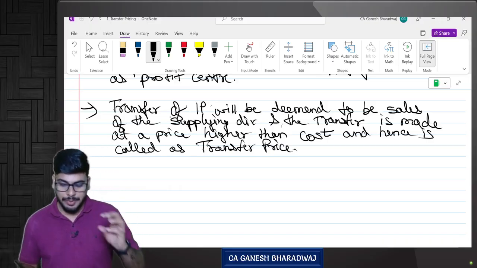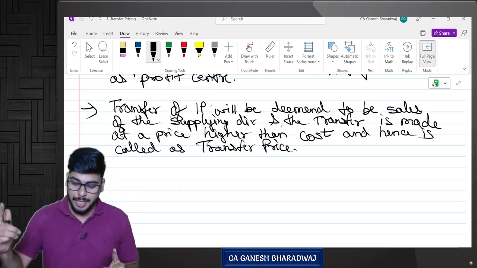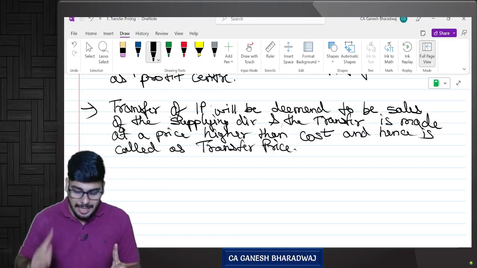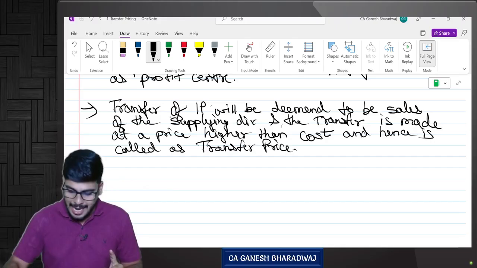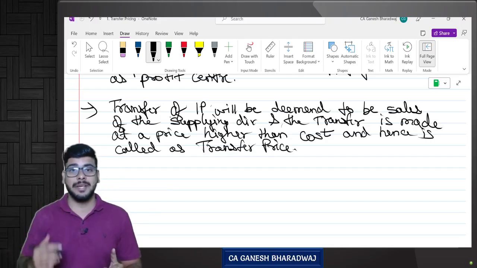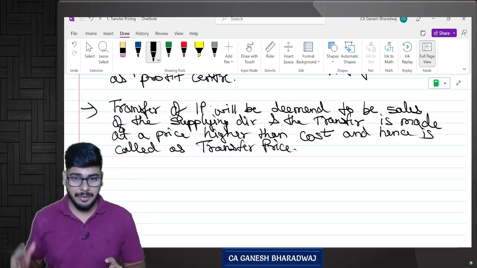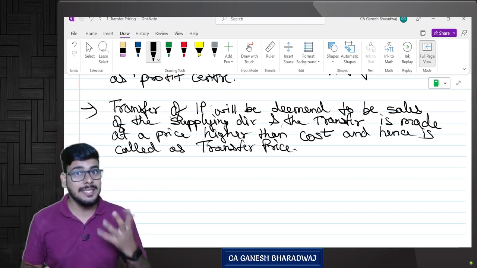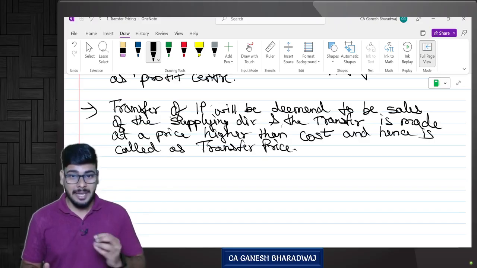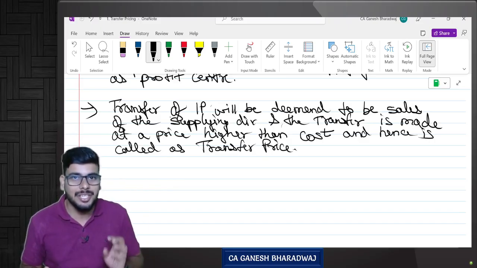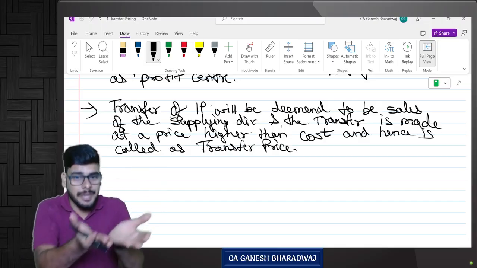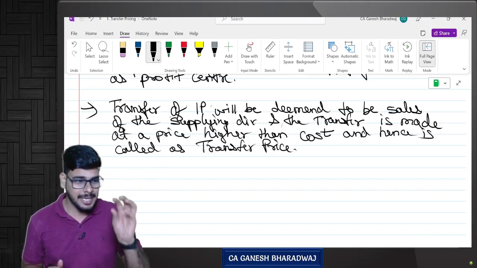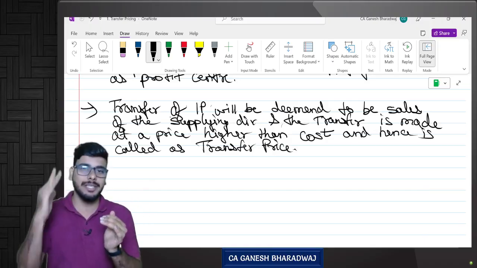So the transfer of the intermediate product will be deemed to be the sales of the supplying division, and the transfer is generally made at a price higher than the cost, and hence it is called as the transfer price. Whereas if you see division B in our example, the price at which they sell to the outside market is called as a selling price, whereas division A, the price at which it transfers to division B, here we are transferring to another department. That's why we don't call it as a selling price, we call it as a transfer price, and transfer price is generally more than the cost.